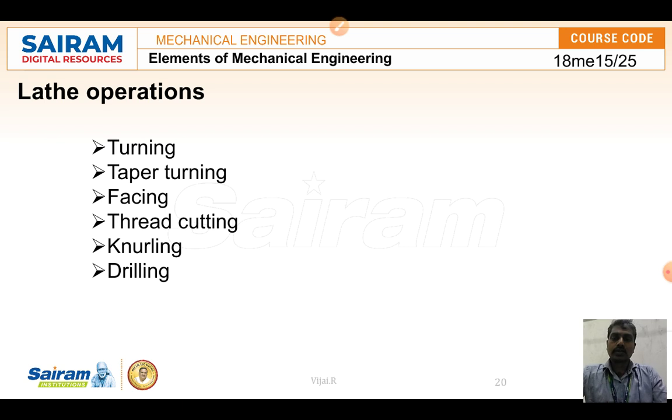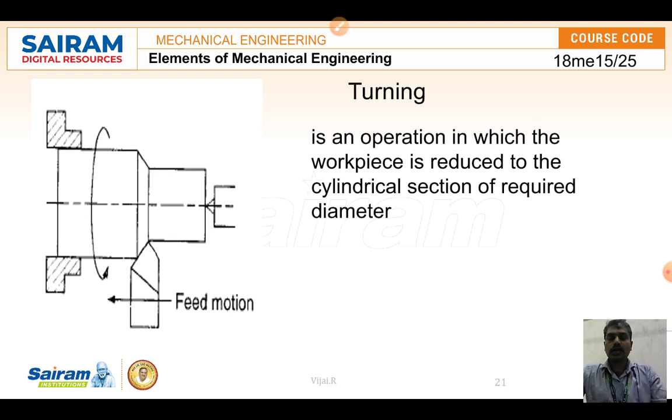So first, the machine tool is the turning machine. We can call it a turn tool also. The turning machine and the lathe machine are one and the same. So by turning, we can make cylindrical workpieces.